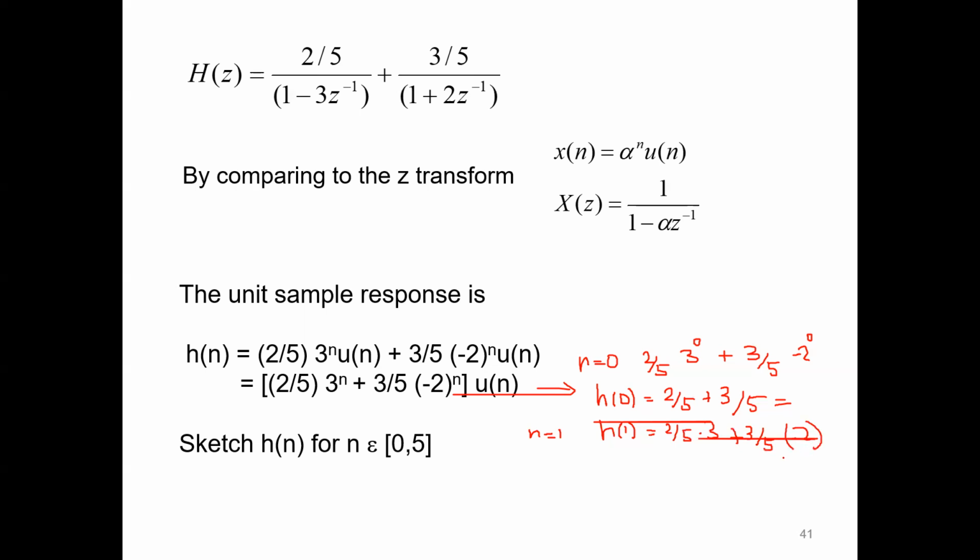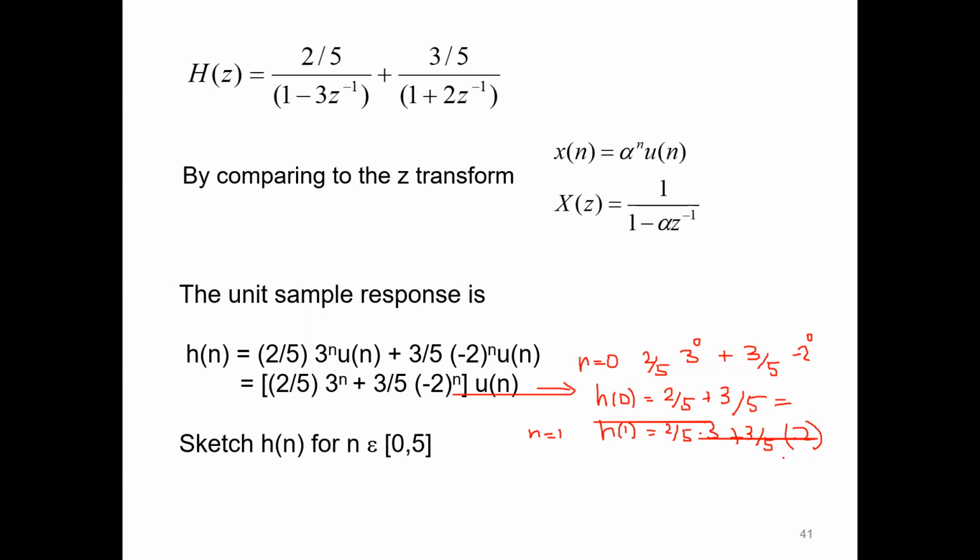Work that out. So the function is now a function of the sample index, not time actually. That is n: n0, n1, n2, n3, and so on. You can calculate all of the samples.